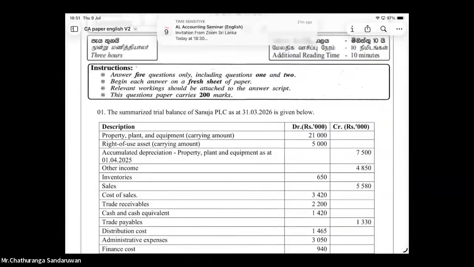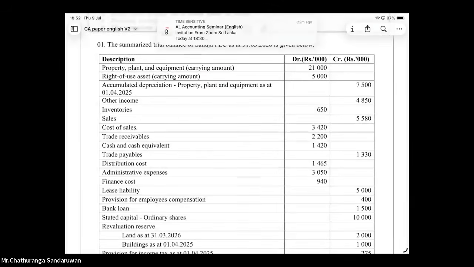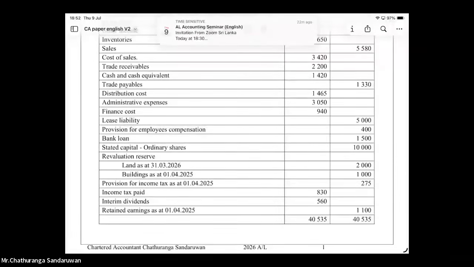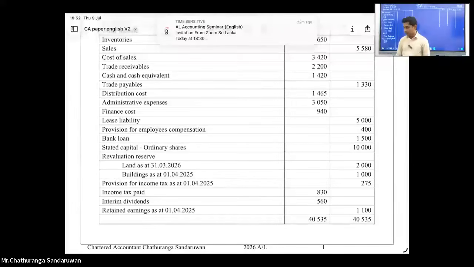Property, plant and equipment, the carrying amount, right of use asset carrying amount, accumulated depreciation, property, plant and equipment as at 1st April 2025, other income, inventories, sales, cost of sales, trade receivables, cash and cash equivalents, trade payables, distribution cost, administrative expenses, finance cost, lease liability, provision for employee compensation, bank loan, stated capital, ordinary shares, revaluation reserve, under that lands as at 31st March 2026, buildings as at 1st April 2025, provision for income tax at the beginning, income tax paid, interim dividends, retained earnings at the beginning.